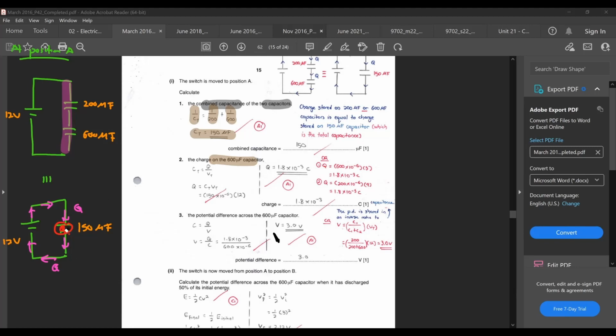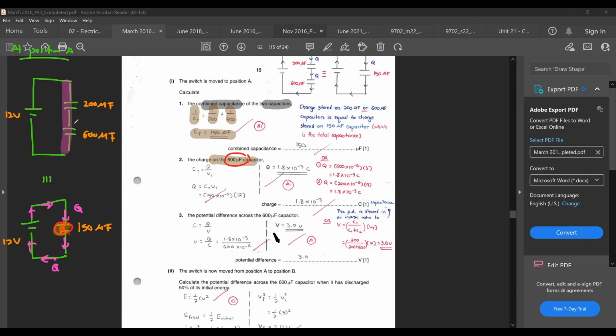Okay, so right now, your capacitor here stores a charge of Q based on this diagram. If you try to work it backwards, you could say that whatever charge is flowing through here, whatever charge is stored in this capacitor, would actually also be the same charge that is stored in the 600 microfarad capacitor.